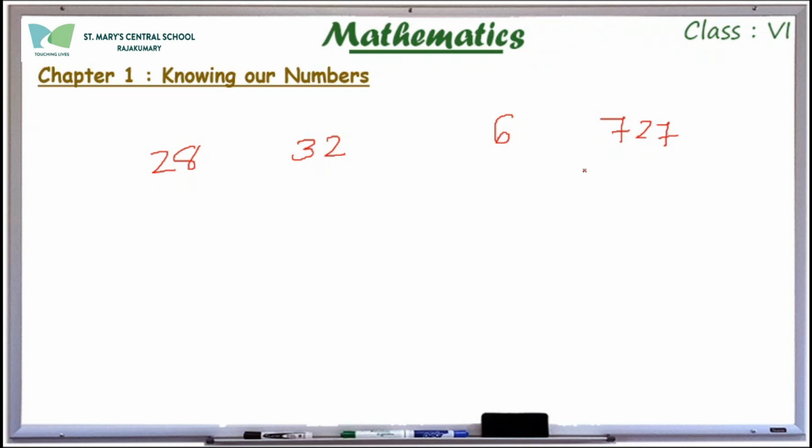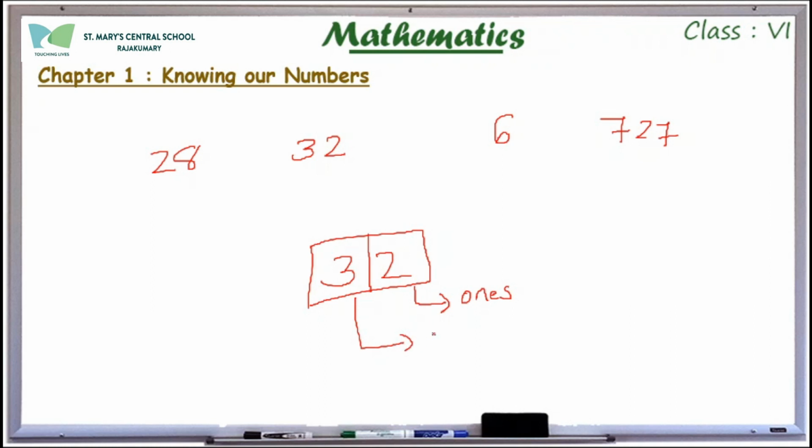So, in your previous classes, you have already learned about place values. For example, I am writing 32. Here 2 is at ones place and 3 is at tens place.